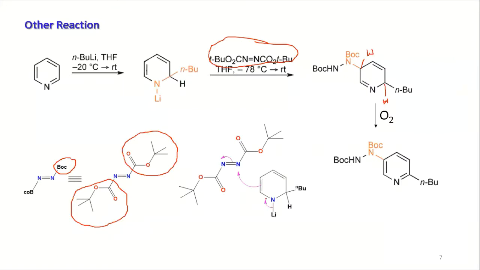So this can fall here and attack on the nitrogen, and you have negative charge development here, because this negative charge is stabilized. You have the double bond at the alpha position to this nitrogen. That's why we see the formation of this particular compound. So this is one of the important reactions.